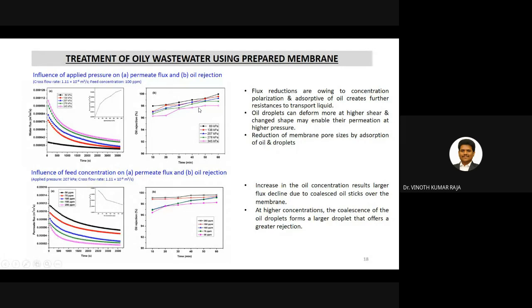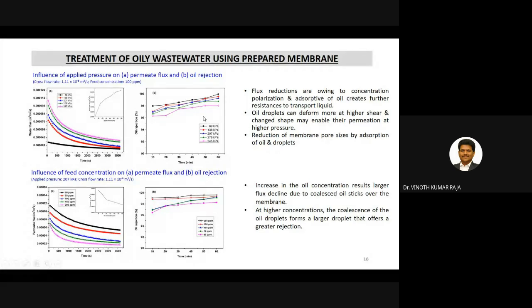This is due to the fact that the higher pressure assists the coalescence and wetting of oil droplets, imposing some of the oil droplets to transfer through the membrane pores and reach the permeate side.